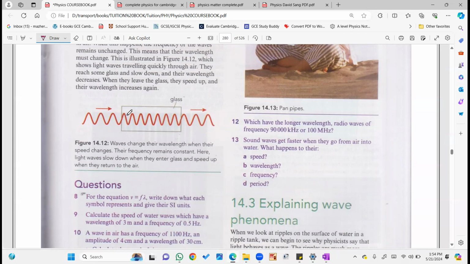We can see here the speed would decrease, so does the wavelength. That is the distance between the crests. We could see the distance has decreased.